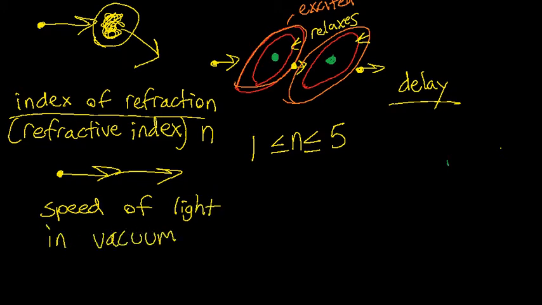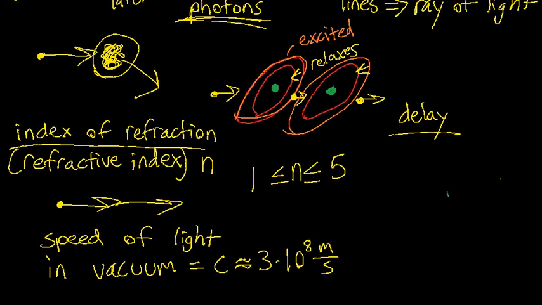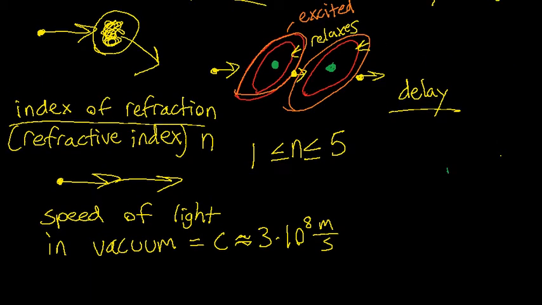And we generally write that as c. So anytime you see c, think speed of light in vacuum. And that is known to be 3 times 10 to the 8th meters per second. Well, it's not exactly 3 times 10 to the 8th, but it's pretty close. Close enough for almost any calculation.